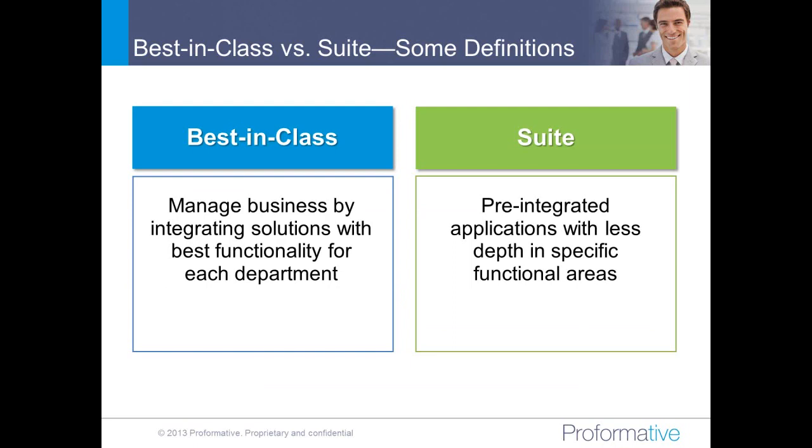But then the other way is obviously the best in class, where you take the best pieces and make them work together, which is very easy in the cloud, so that you never outgrow any one particular piece. It's certainly our belief that somebody who writes manufacturing software that has thousands of customers on a manufacturing solution is a better person to partner with to create a best-in-class solution than it is to have a company want to go write a manufacturing solution. So we'll talk again a little bit more about that.